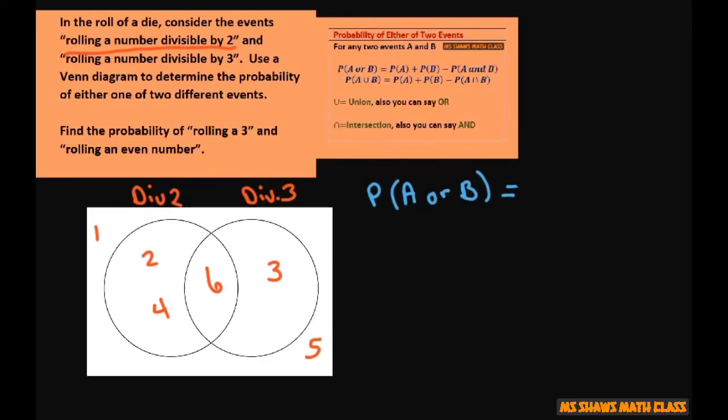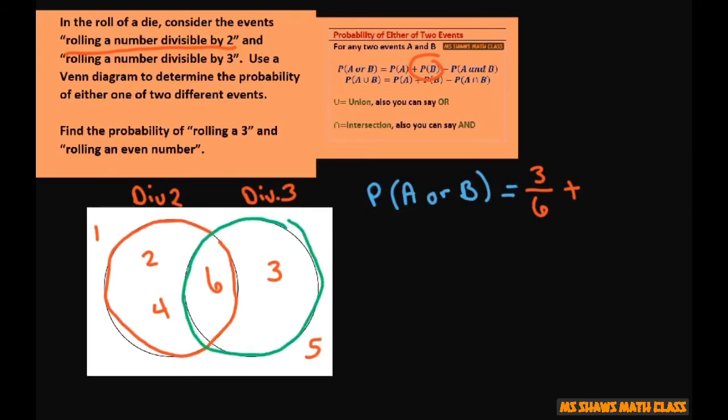These three are all divisible by 2. So that's 3 out of my sample space 6. Plus the probability of B. That one is this, and we have 2 there. So that's plus 2 divided by 6.